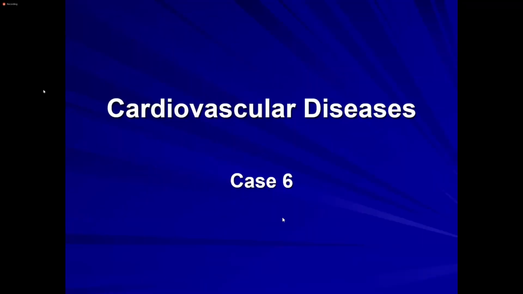So when we talk about restrictive cardiomyopathy, it's not only amyloidosis. Sarcoidosis can cause the same thing. Hemochromatosis, which is basically increased iron in the blood, and therefore there will be iron deposited in the organs, in the heart, in the liver.